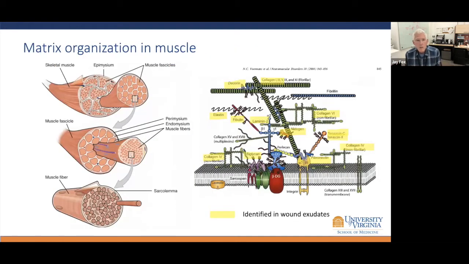More recently, we've decided to go back and look at what happens in the case of muscle. As you know, in many mouse models of envenomation, you inject the venom into the muscle, and then either you look systemically for effects or you look at the local effects of that injection.